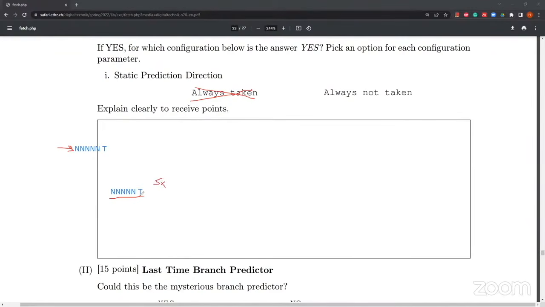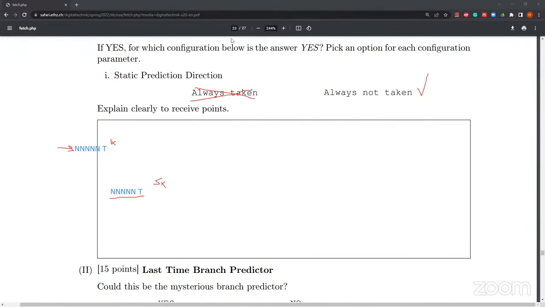Because we will enter this loop 2, if you remember, 5 times after every execution of this non-taken branch of the first branch. Okay, so from here we have 5 mispredictions. And for the first branch, the branch predictor will do 1 more misprediction for the last iteration where the branch is taken. And in total, we will have 6 mispredictions. Okay, that's good. So this is exactly what we are looking for.